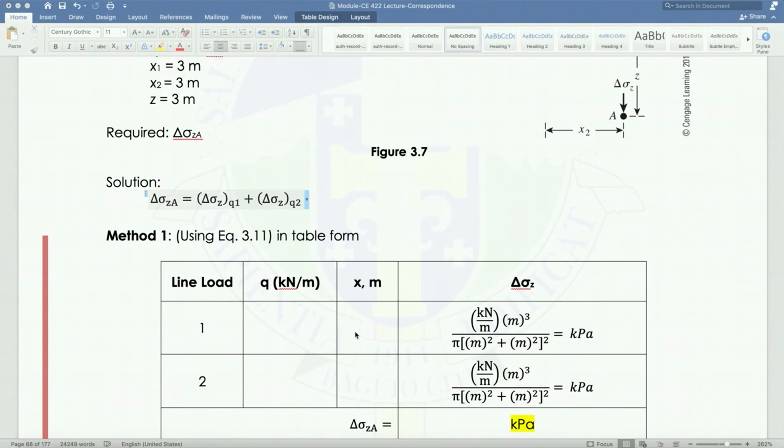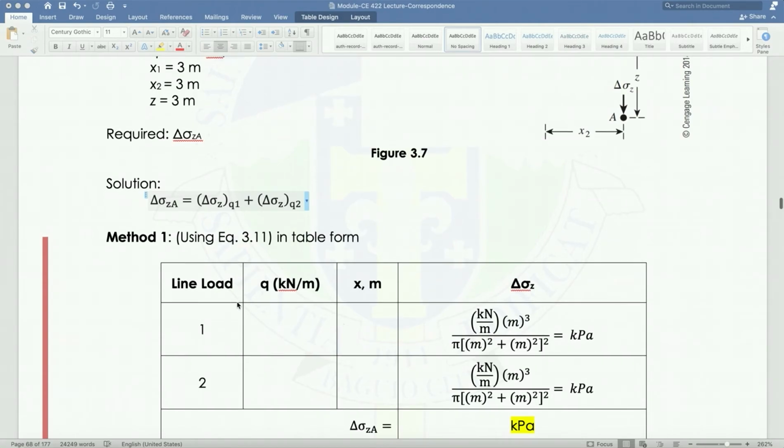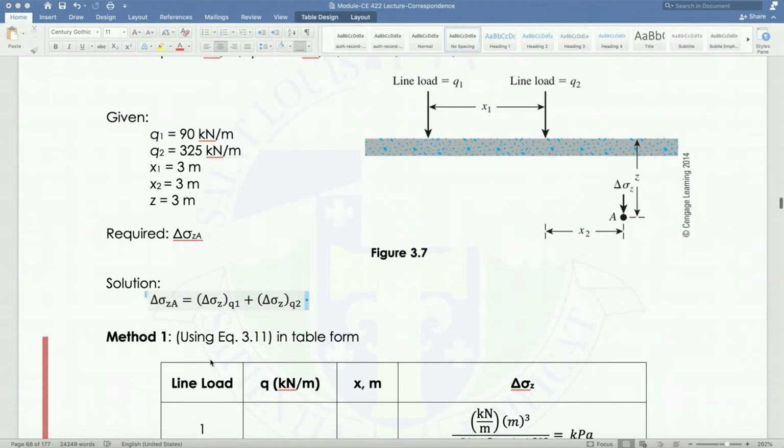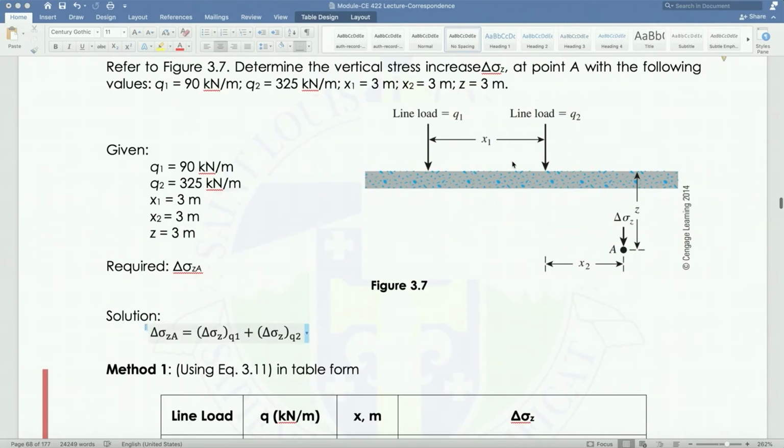Okay, so the values that we need would be the line load. So ano ba yung line load natin? We have line load 1, we have line load 2. Next, we have Q1 and Q2, and we have the X values from the load to the point that we are trying to locate.